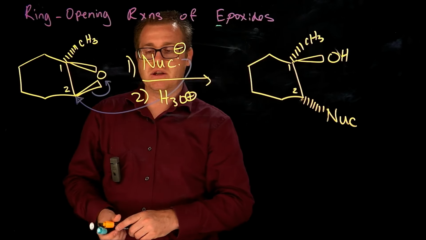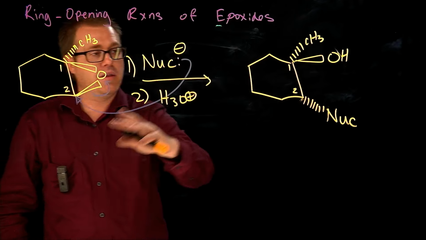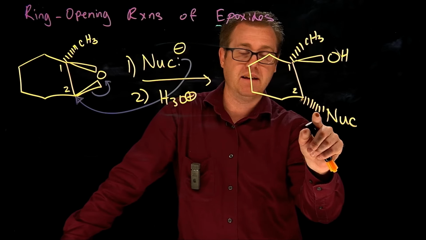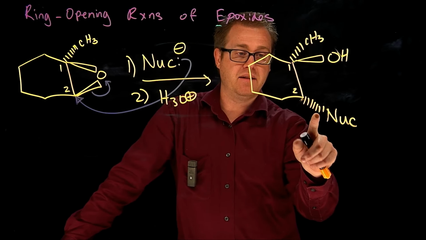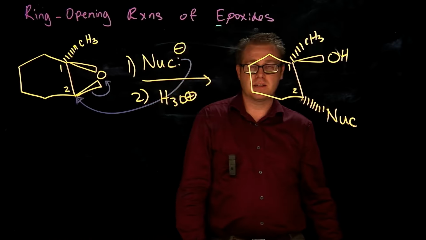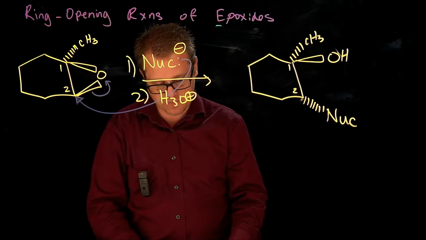Do you see how it's a wedge here? But when the nucleophile comes in, it's doing SN2 backside attack, so it comes in from the backside, which gives us the dash. That's the stereochemical outcome of what's going on here.